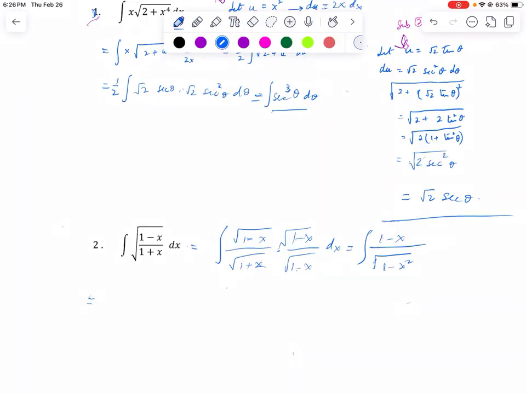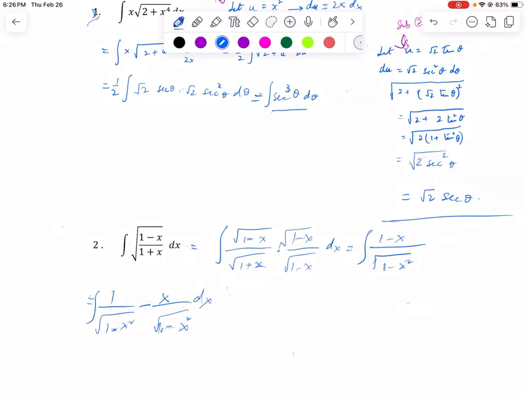So I can now split this as the integral of 1 over square root of 1 minus x squared, and minus x over square root of 1 minus x squared dx.